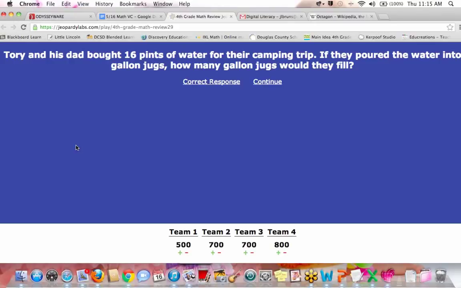Okay. So that would be 2 gallons. They would fill 2 gallons. That's right, because there are 8 pints in 1 gallon. And they said that they had 16 of them. Perfect. Good job. Good job, Tyler. You had it too. Don't worry.